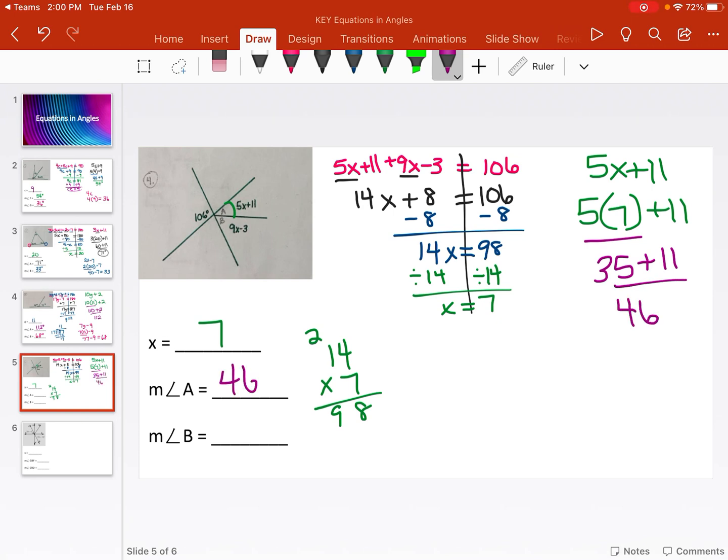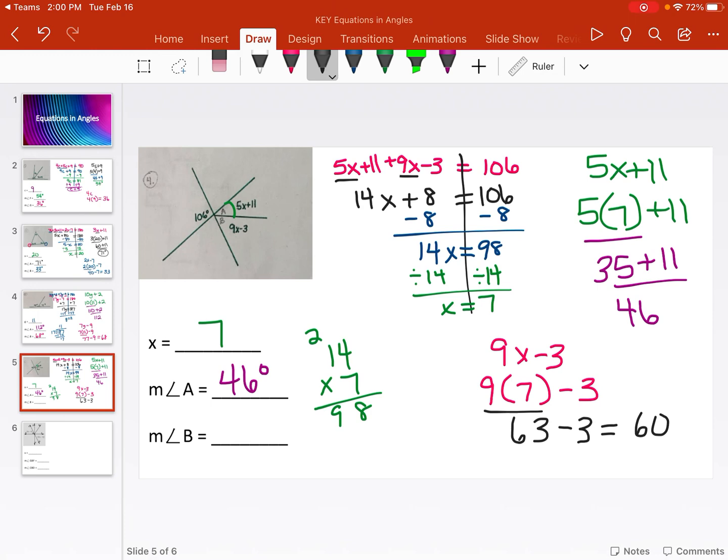So 46 degrees for angle A. And then for angle B, we have 9x minus 3. So 9 times 7 minus 3. 9 times 7 is 63. Minus 3 equals 60. So 60 degrees for angle B. And if I took 60 plus 46, that does equal the 106 degrees that we were trying to get.